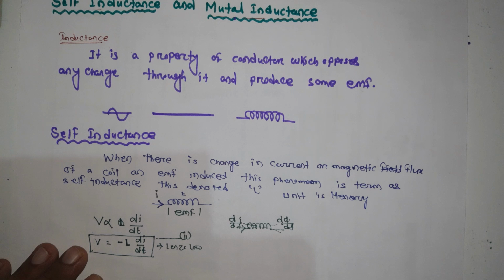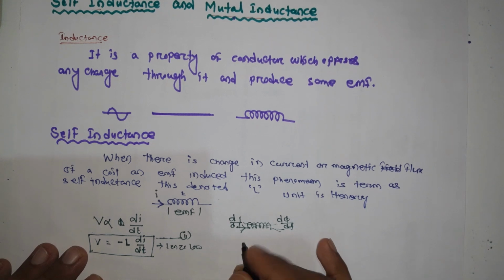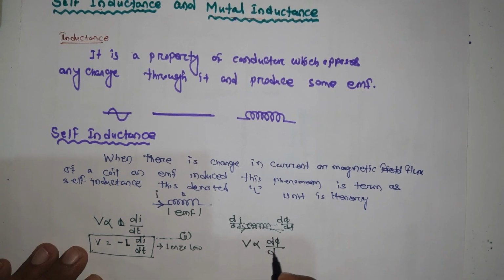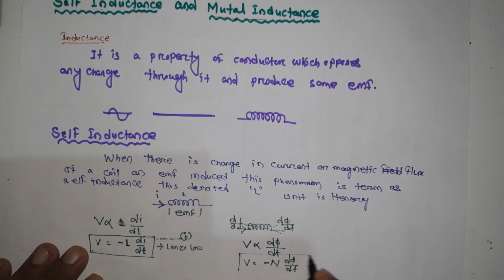So we can write V is directly proportional to d phi by dt, or actually n, the number of turns, times d phi by dt. Let this be equation number 2.